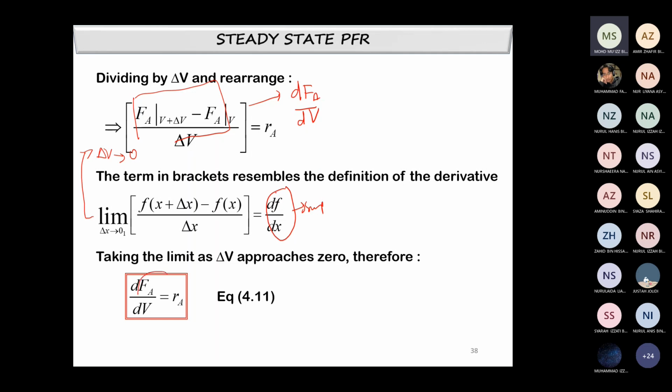Okay, this starts from what I did earlier, which is negative FA0 remaining, dX over dV is equal to RA.